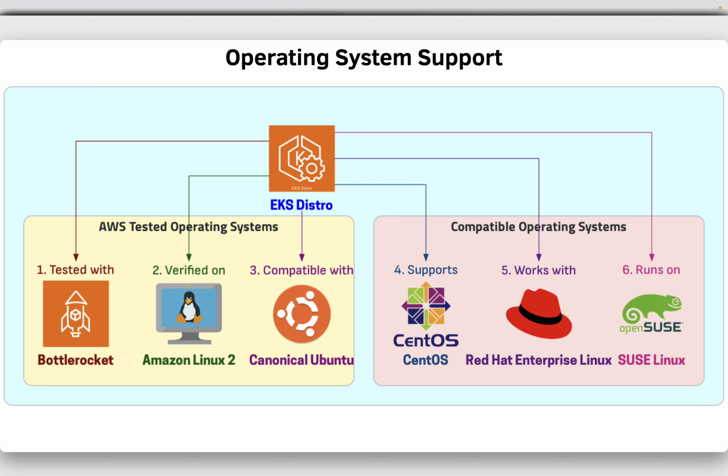EKS Distro is tested with select vendors to ensure support on Bottlerocket, Amazon Linux 2, and Canonical has tested EKS Distro for compatibility with Ubuntu. AWS continues to work with partners to expand the vendors which have qualified EKS Distro as compatible with their operating system.